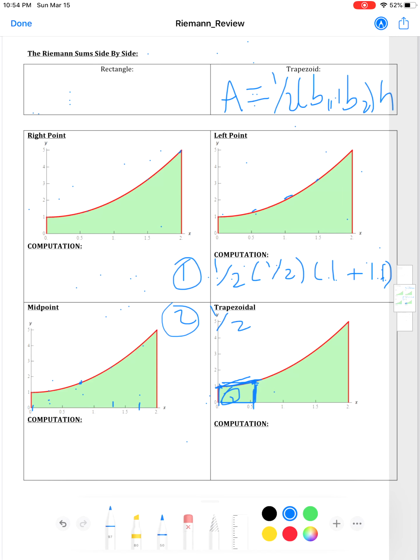And then the second one, we can see that the trapezoid does a nice job of minimizing that white space. Maybe we do half times 1.1 plus 2.